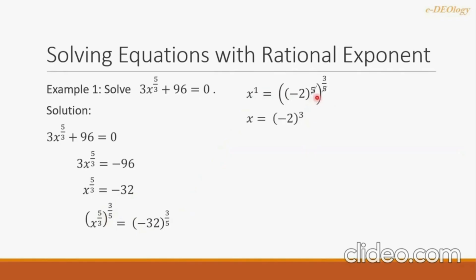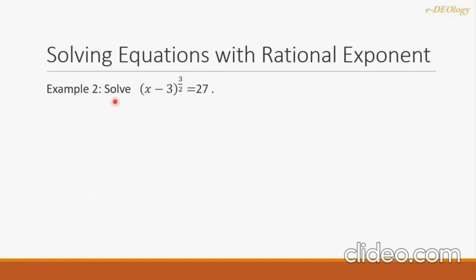And then, we can cancel that exponent 5 with the denominator 5 of the power outside. So only the numerator 3 will come down on the next line. And for the x with that exponent 1, we will delete it now. Only x comes down. So x is equal to negative 2 cubed. Then we will simplify this negative 2 cubed into negative 8, and that is our final answer.